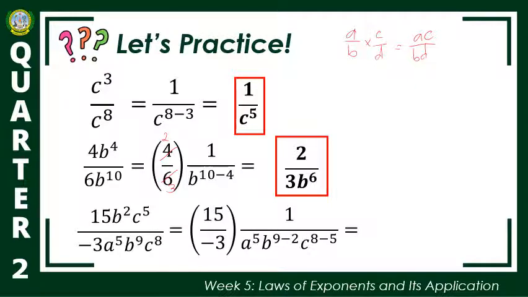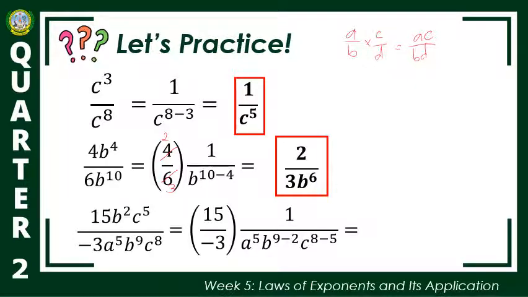Since all the higher exponents are in the denominator, and the a is only in the denominator, they all stay in the denominator. Even the a, since it has no counterpart in the numerator. So we have 1 over a raised to 5, b raised to 9 minus 2, and c raised to 8 minus 5.